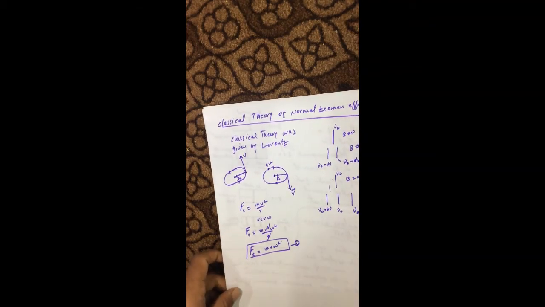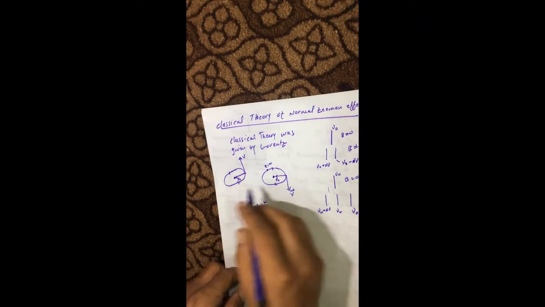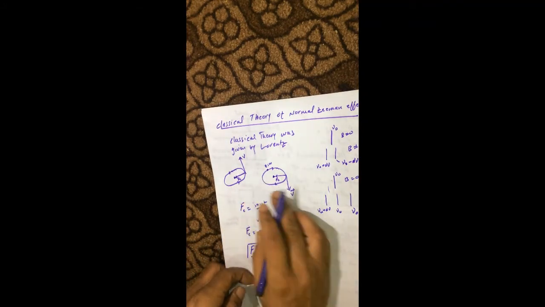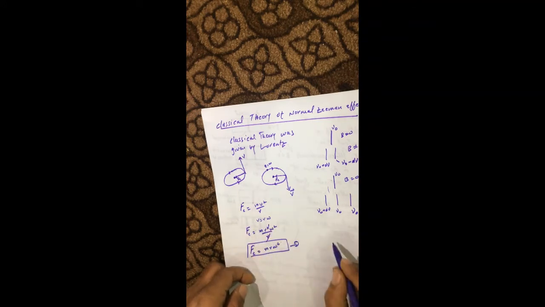Here I will plot these two figures again because they do not look perfect. These circles do not look like a perfect circle. So I will plot a circular shape orbit. So we have two cases.